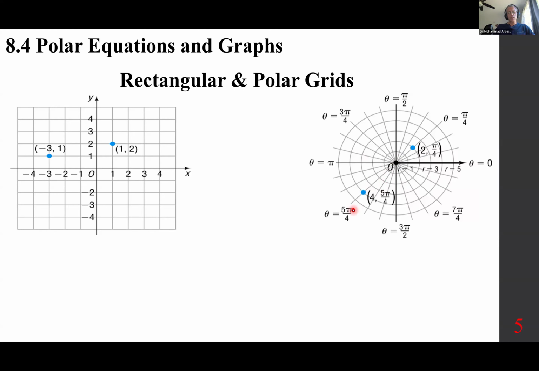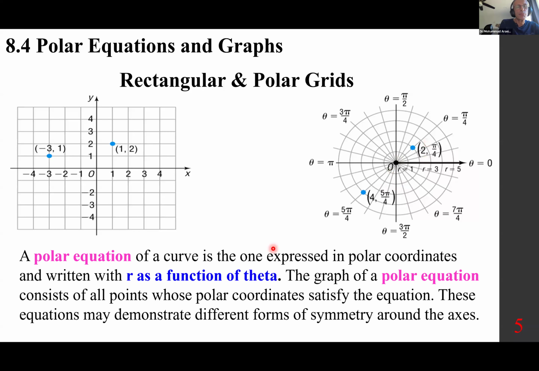And it's important to notice a polar equation of a curve is one expressed in polar coordinates and written with r as a function of theta. The graph of a polar equation consists of all points whose polar coordinates satisfy the equation. These equations may demonstrate different forms of symmetry around the axis.